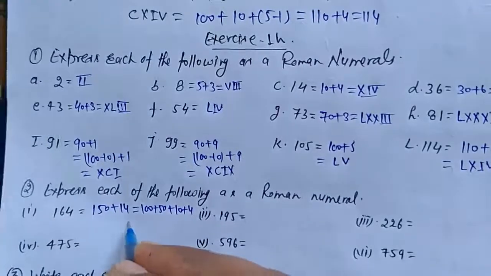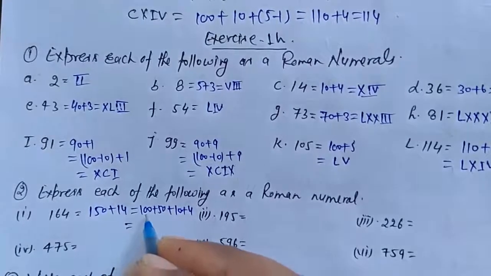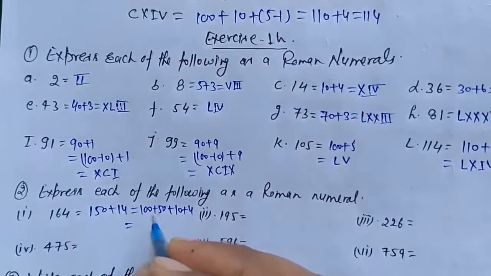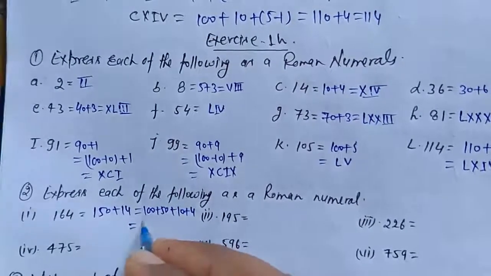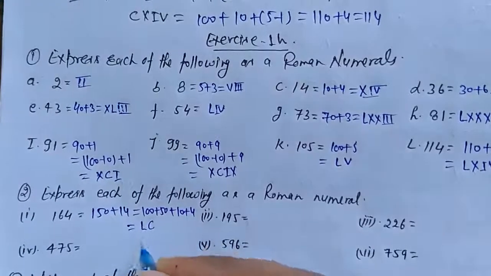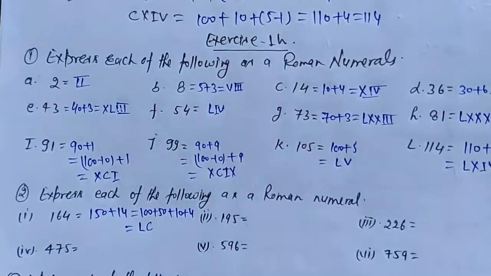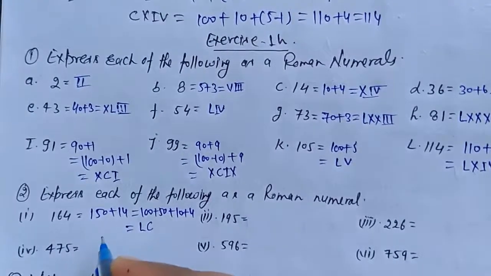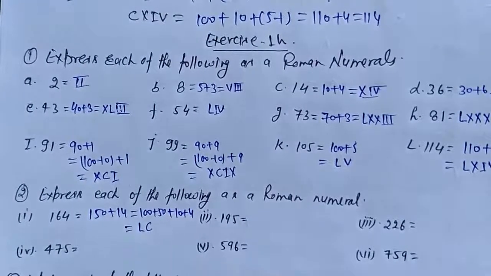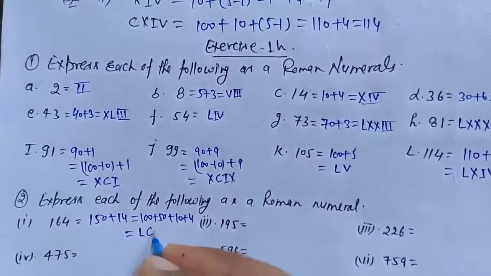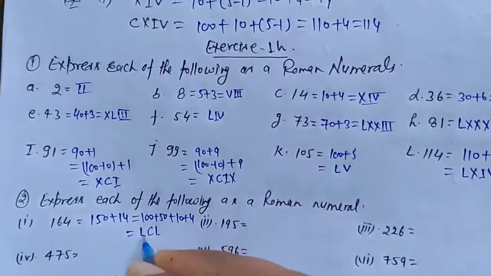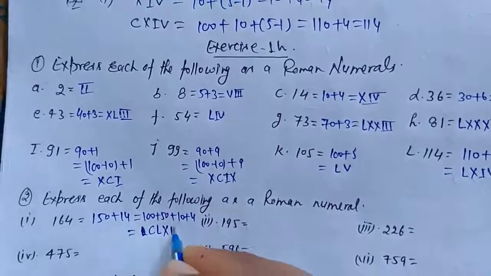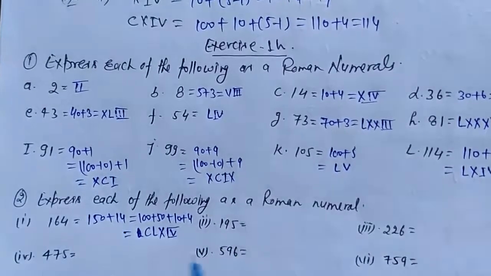The 100 plus 50, that means 100 is represented by C and 50 is represented by L, so that is not LC, because the lower Roman numeral is written on the right. So it is CL, and 10, that is X, and 4 is IV, that is the 164.